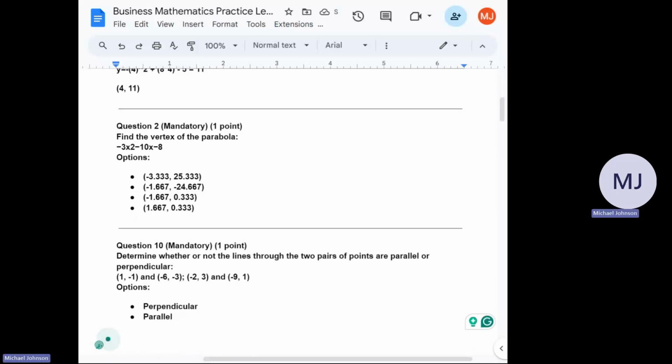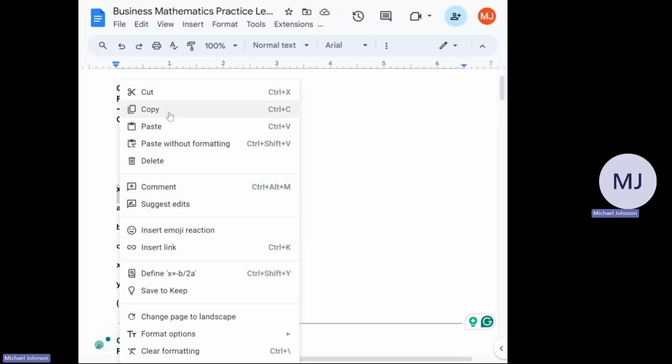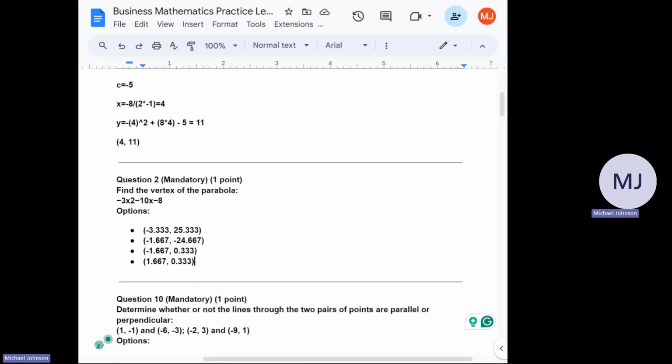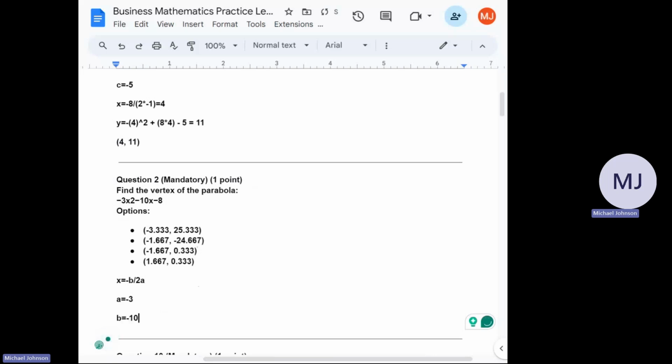And then for the next one, we'd use the same formula here. So we'd use x equals -b divided by 2a. So we do that here. A equals -3, b equals -10, c equals -8.